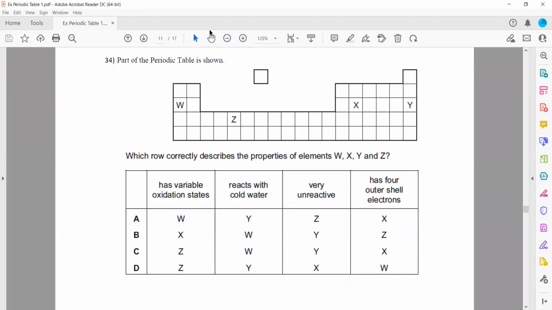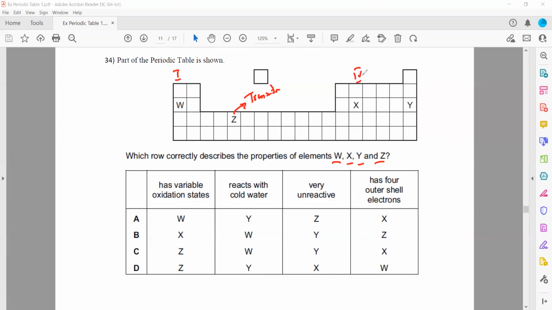In question 34, part of the periodic table is shown. So you can see the part of the periodic table. Which row correctly describes the properties of elements W, X, Y, and Z? So W belongs to group 1. Z is a transition element. X is group 4.